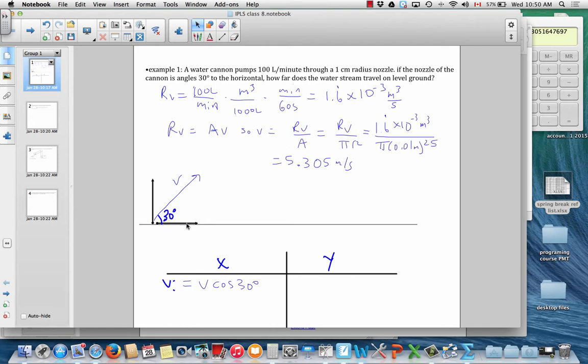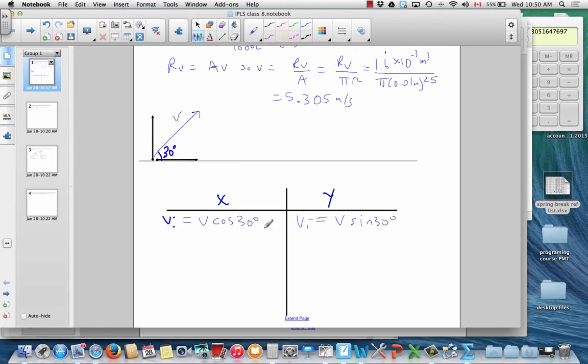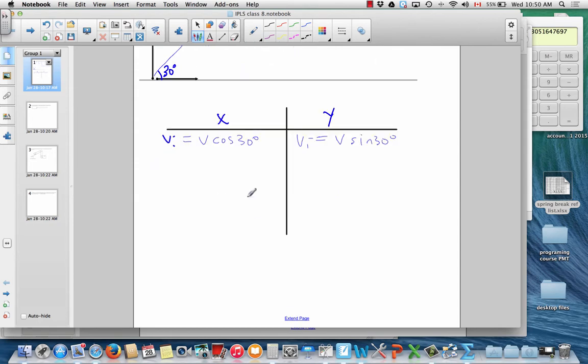This is the adjacent side of the triangle, so it is the cosine component. For the y or vertical motion, it's the opposite side of the triangle, so that is v sine 30. And we just proceed now to analyze the projectile motion, knowing the speed of 5.305 meters per second.